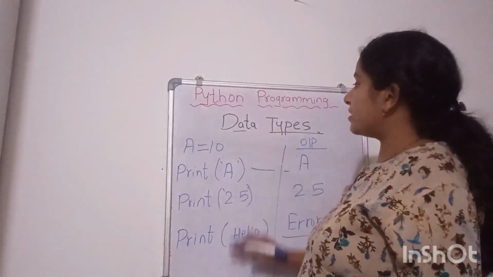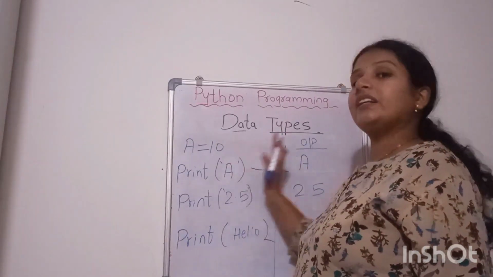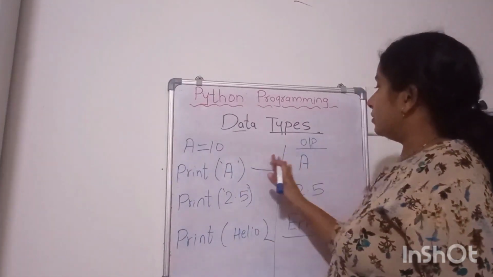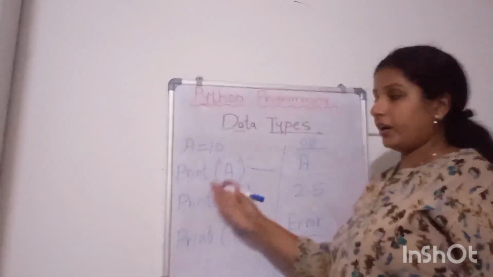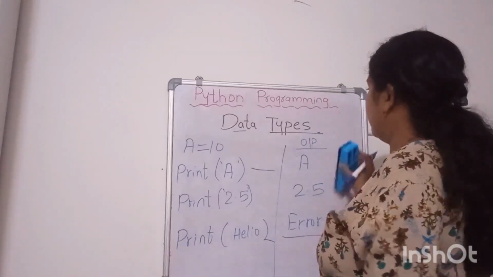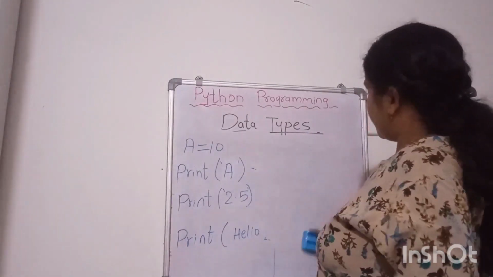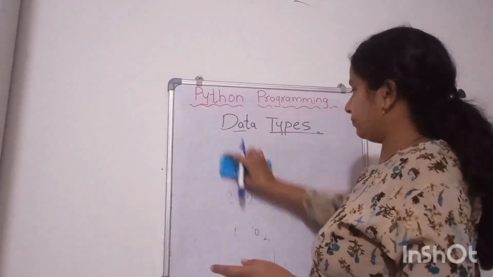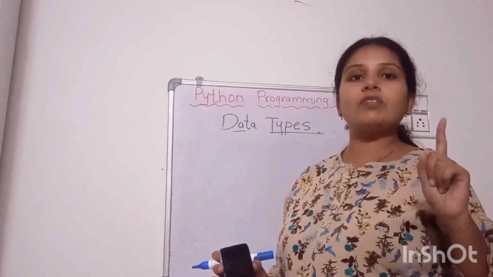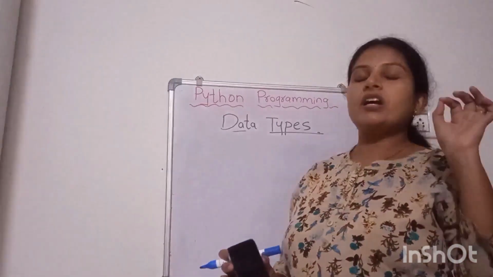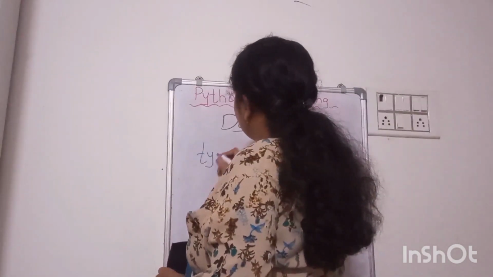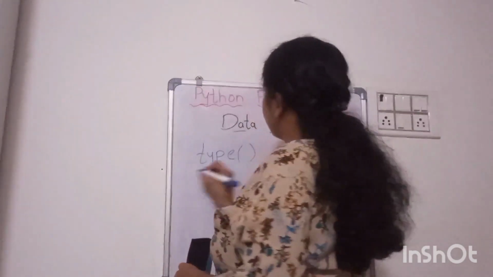Okay, so this is basically how you are printing the value, how you are getting the data type, and depending on the data type, how you are printing the value, which we have seen. Now the next is the type function. Type is also one built-in function of Python, just like the print function.